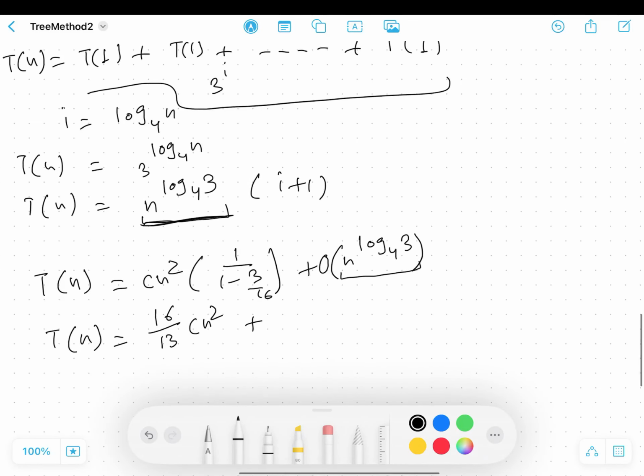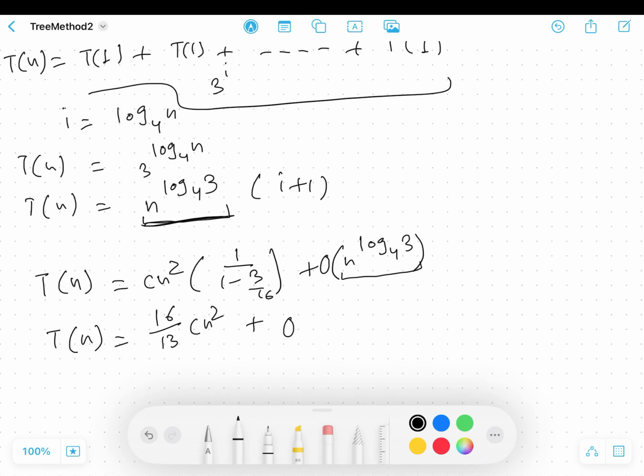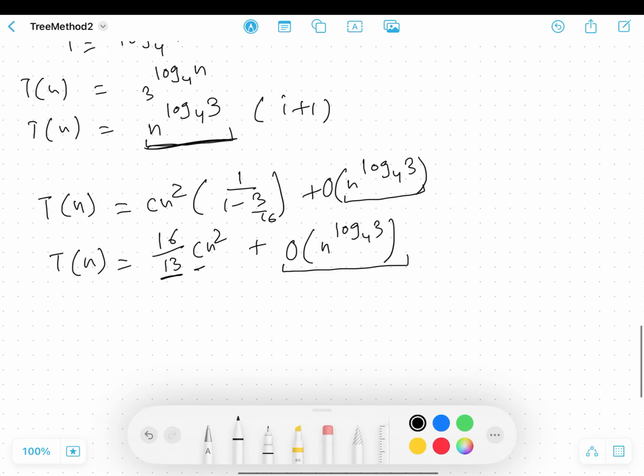Now discarding the lower values, constants, what we get?